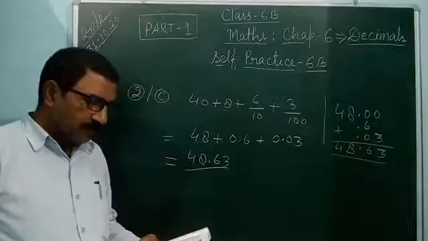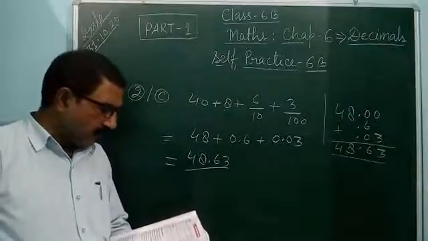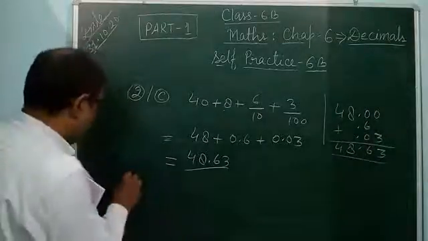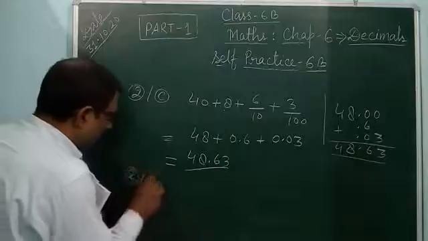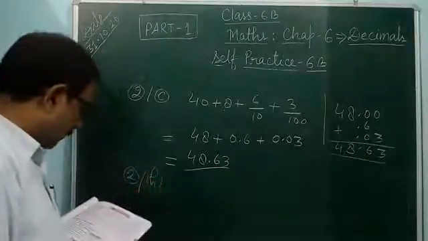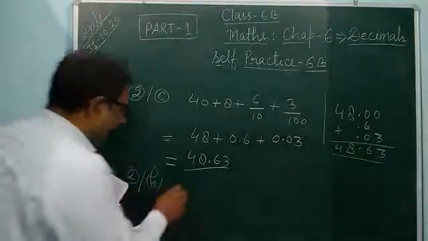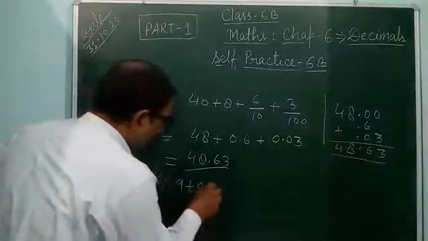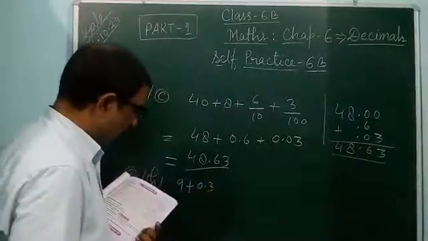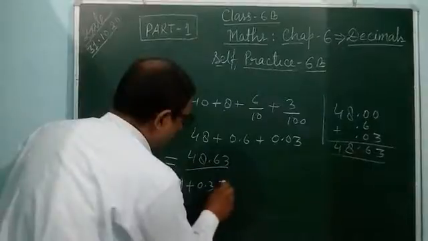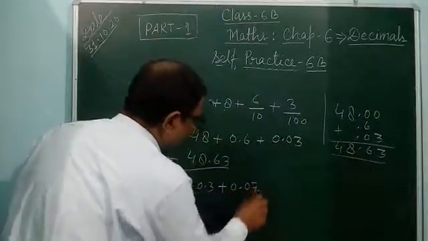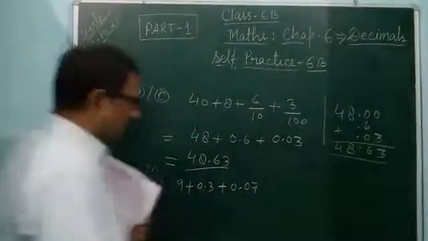Question number 2H you can see. It is also very easy. 2H: 9 plus 0.3 plus 0.07 plus 0.009.